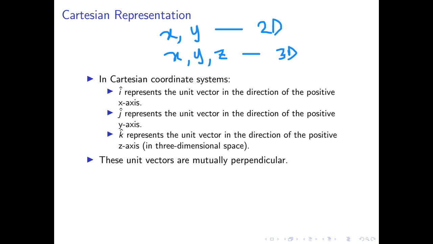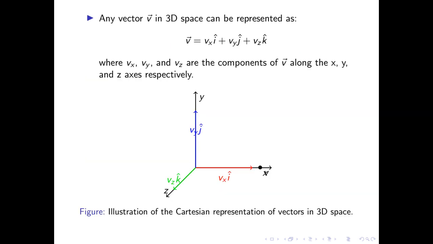I'm going to show you that in the next slide. So here we have any three-dimensional vector. Any vector in a three-dimensional space can actually be represented as Vx. Remember, X, Y, Z indicate the space.